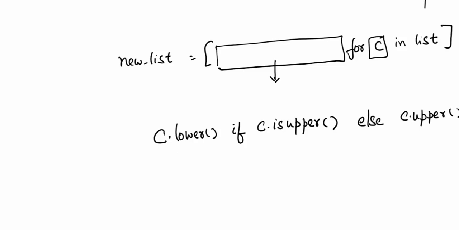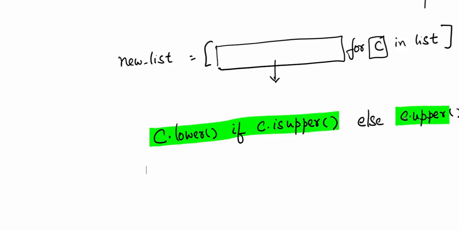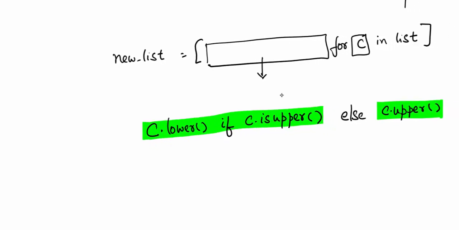So this part over here is the first part of our if-else statement, and this part is the second part of our if-else statement, if and else. We are compressing all of that, the 4 lines, into a single statement. Just put this entire thing here in this box, and we are done with list comprehension.